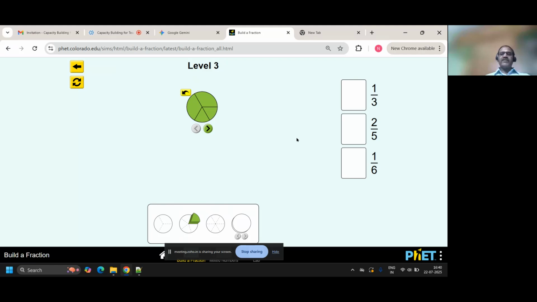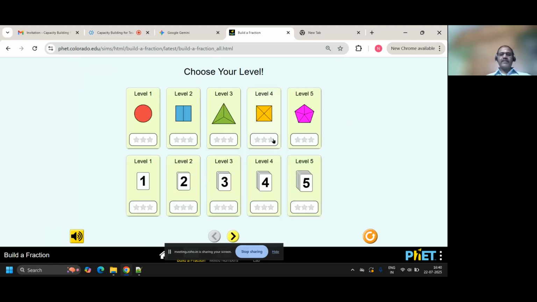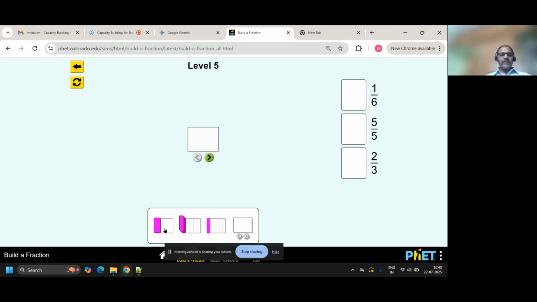If I go to level 5, first we took circles, then there were triangles, now you are seeing rectangles. For the kids, recognizing the shape is also important.